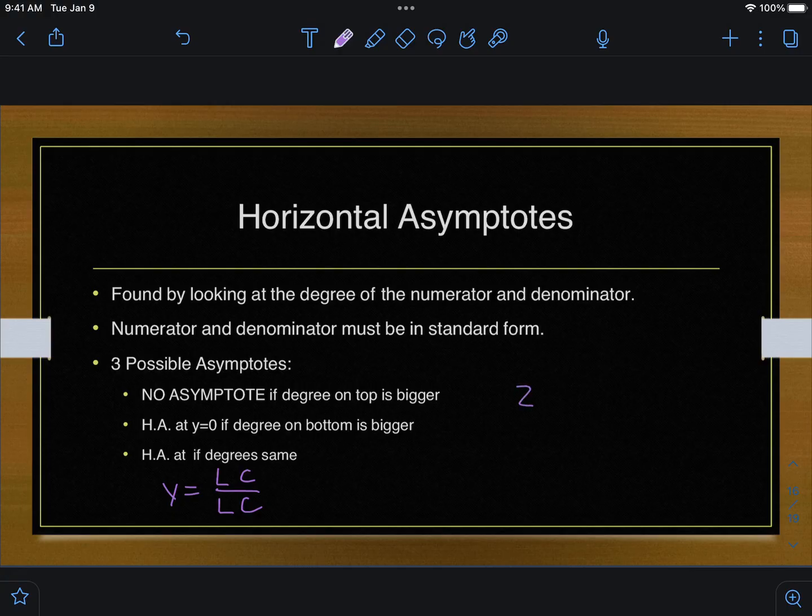Let's say we had 2x squared plus 3 over 3x squared plus 4x minus 1 or something like that. Nothing factors, nothing cancels out. Same degree on the top and the bottom. That is going to have a horizontal asymptote at y equals 2 over 3.